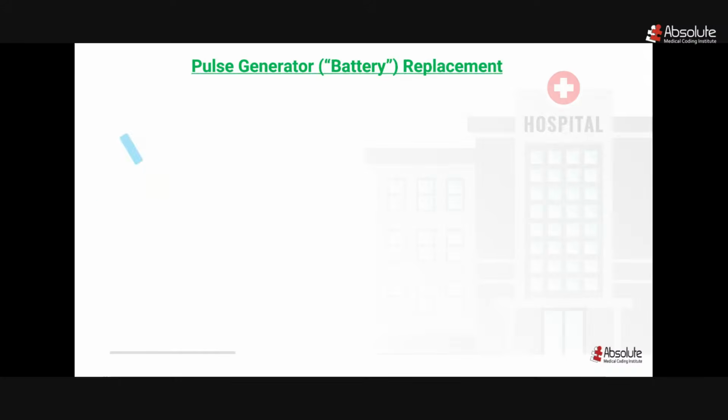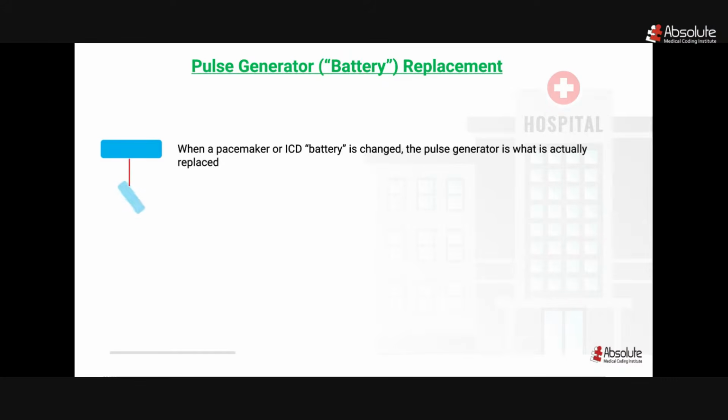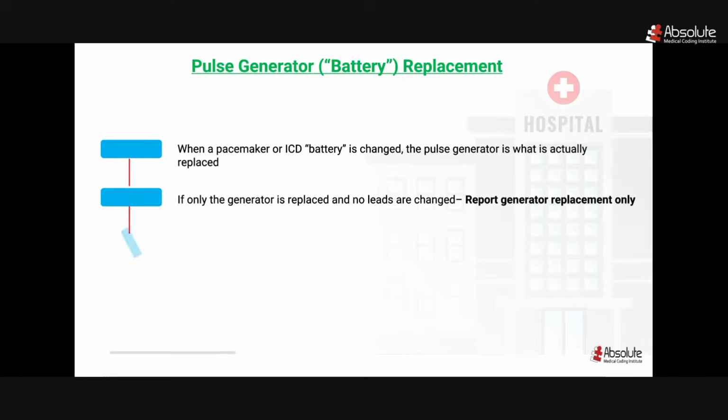All right. Next, let's look into the pulse generator replacement guidelines. When a pacemaker or ICD battery is changed, it is a pulse generator that is actually replaced. As I said, the pacemaker and the ICD device has two parts: one is your pulse generator, and the other is your leads.